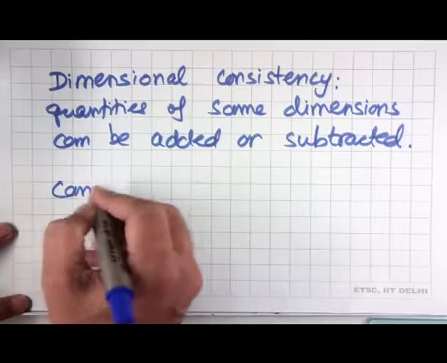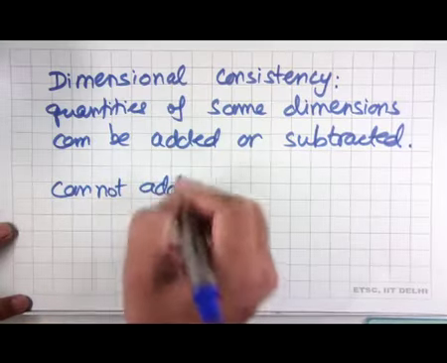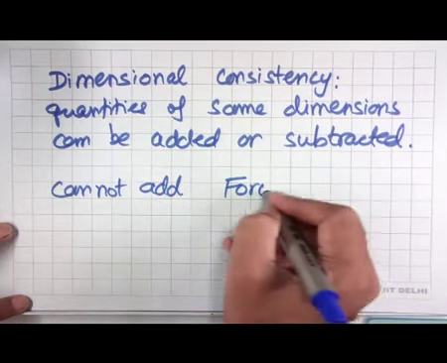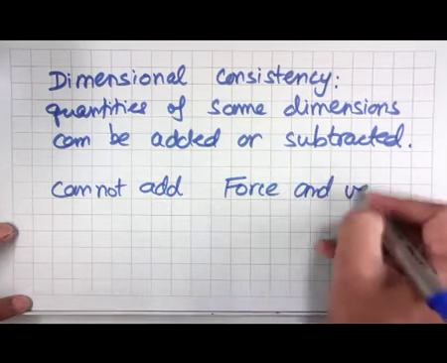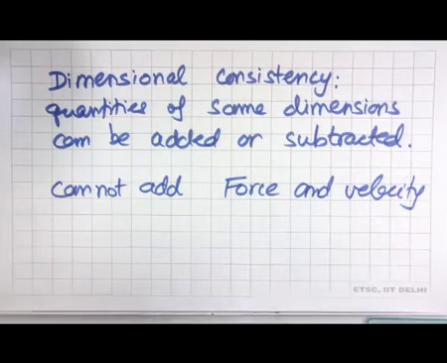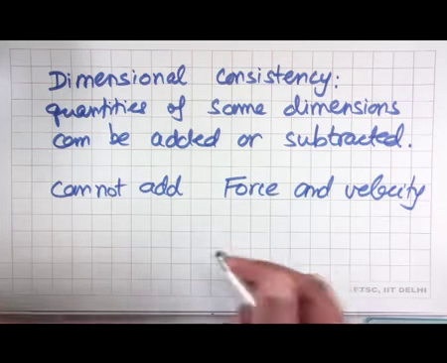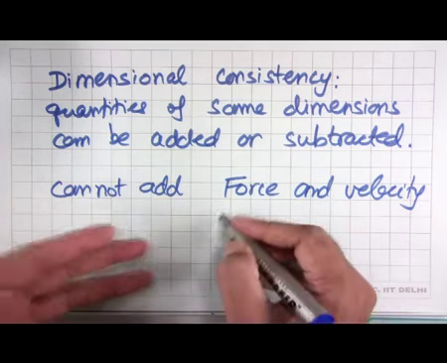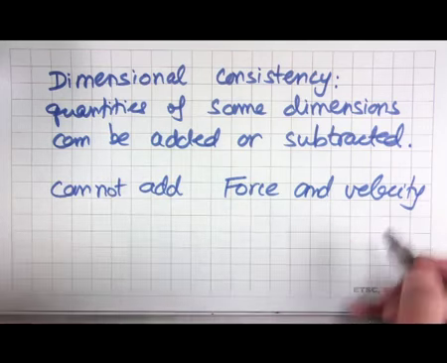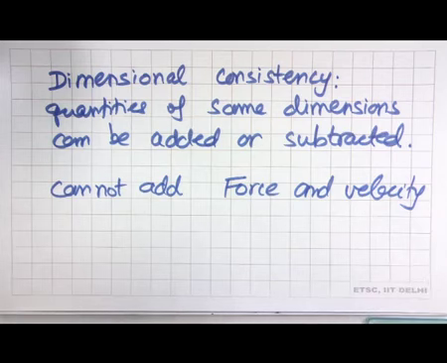So, for example, we cannot add force and velocity, because the dimensions of force will be mass times acceleration. So, if we express it, it will be m times L by t square, whereas velocity will be L by t.